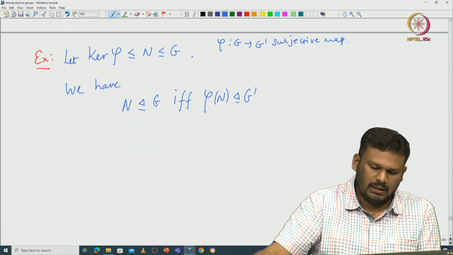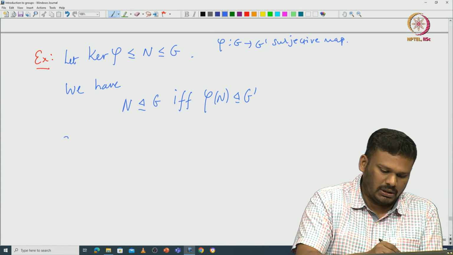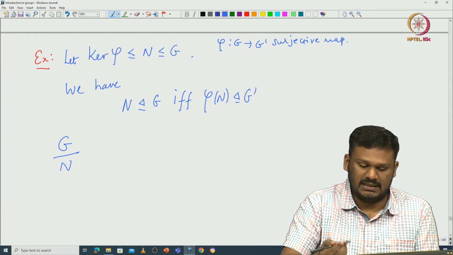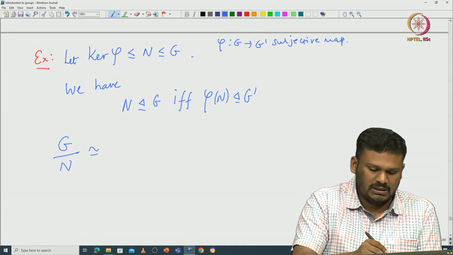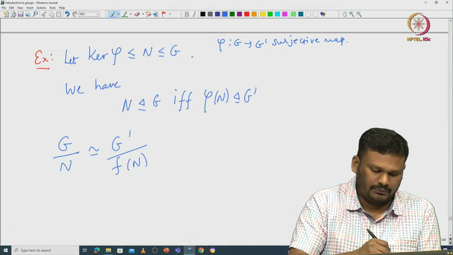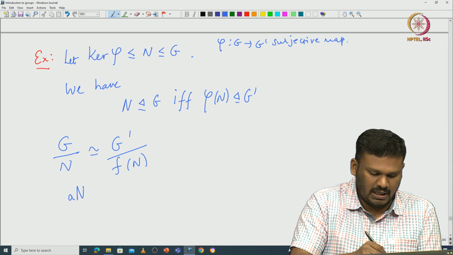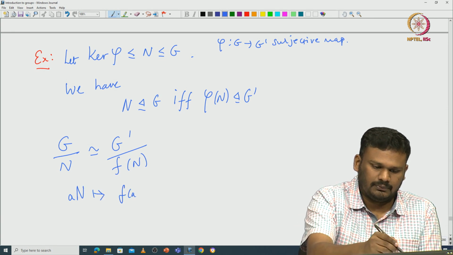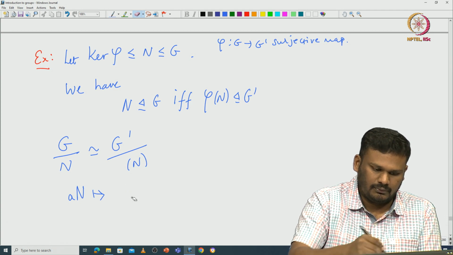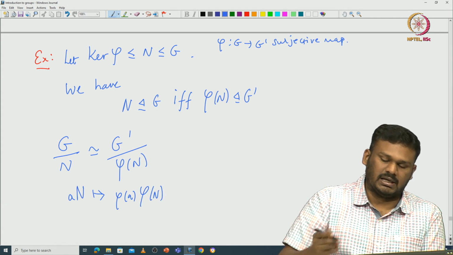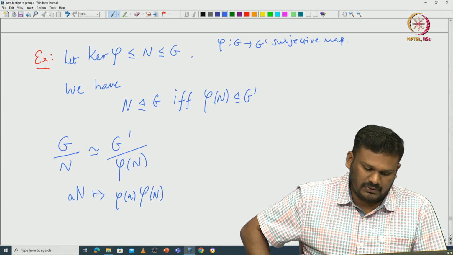In particular, one can look at G modulo N, which makes sense as a quotient group because N is normal. What one can prove is that this is naturally isomorphic to G dash modulo phi of N, and the map is given by aN goes to phi of a times phi of N. This is again immediate from the first isomorphism theorem.